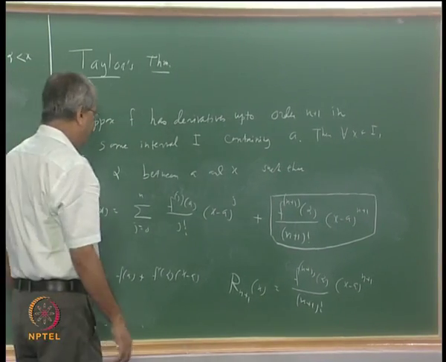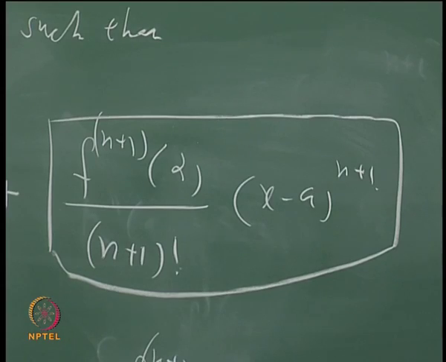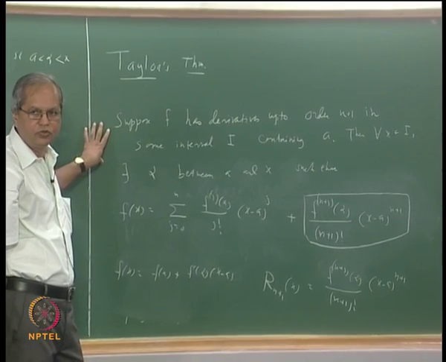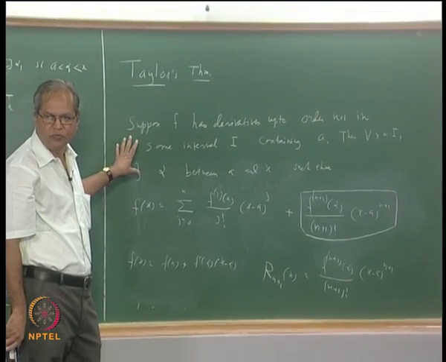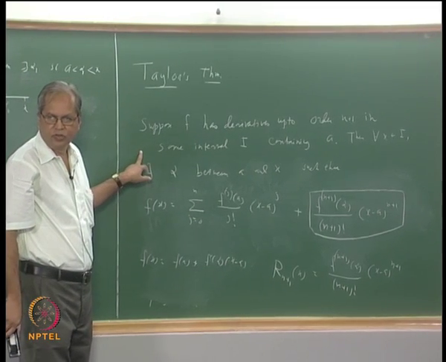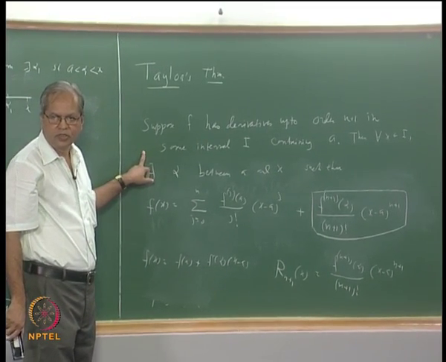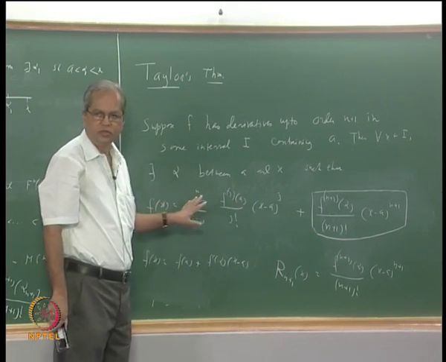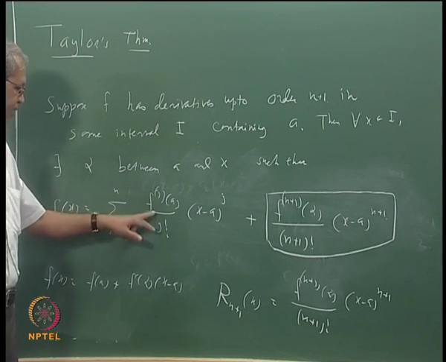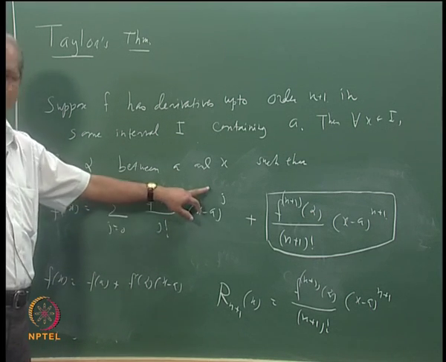Now you can consider the situation. We have this is what Taylor's theorem says, if f has derivatives up to order n plus 1. Now suppose f has derivatives of all orders, then for each n you can write an expression like this, and then you can consider an infinite series of f j a by j factorial multiplied by x minus a to the power j.